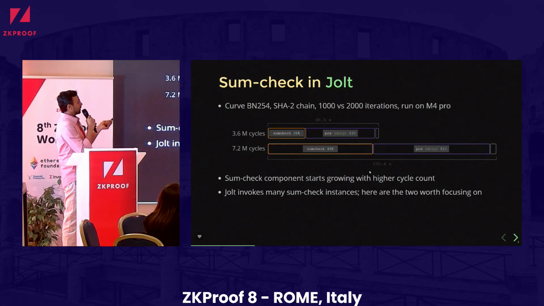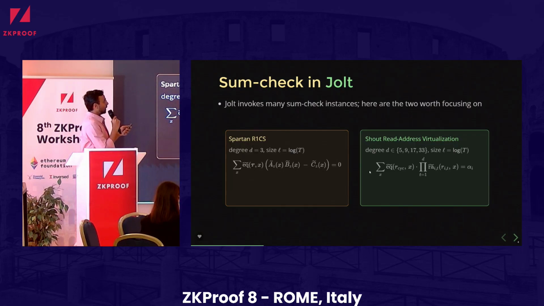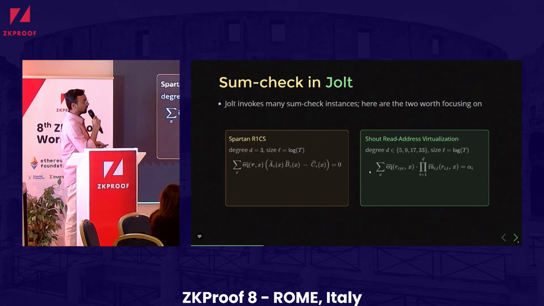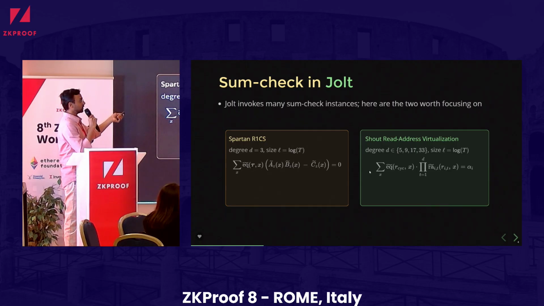But I'll specifically talk about two sum check instances that are worth focusing on: the Spartan R1CS and something called shout read address virtualization. I'll not explain how we get these equations, but these are just sum check instances that we need to prove, in the first case, that the R1CS expression is correct.